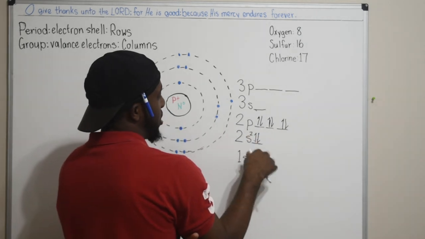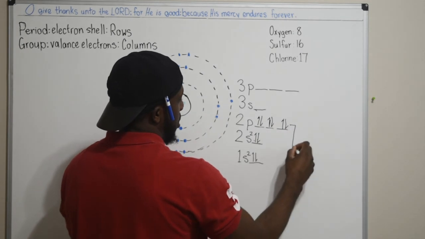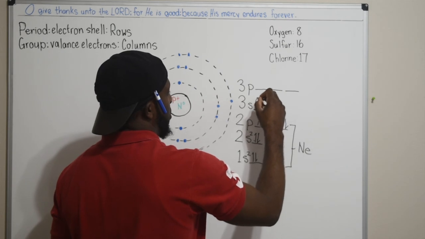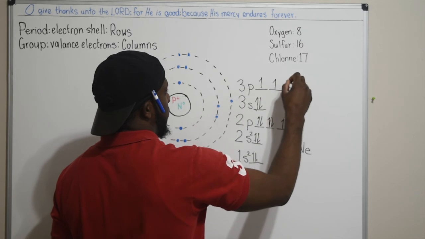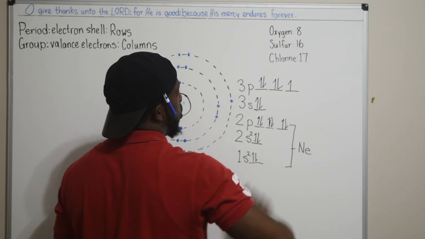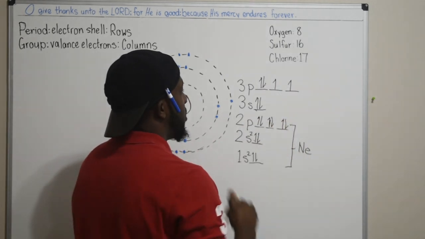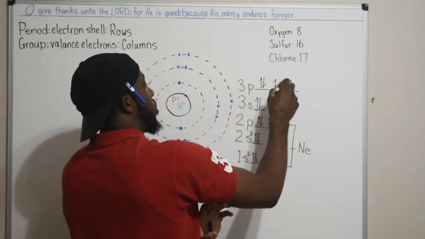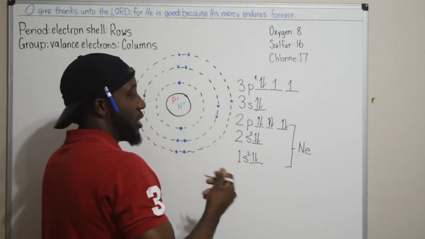So this is 10, so this is neon right here. So that's 12, 13, 14, 15, 16. So this is sulfur. So sulfur is 3p4. Okay, that's sulfur.